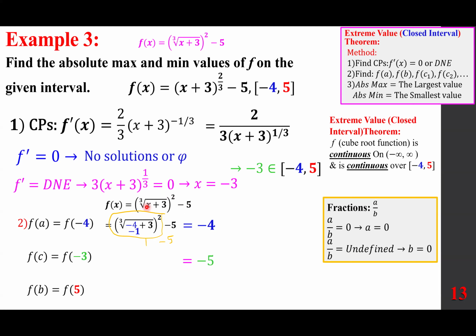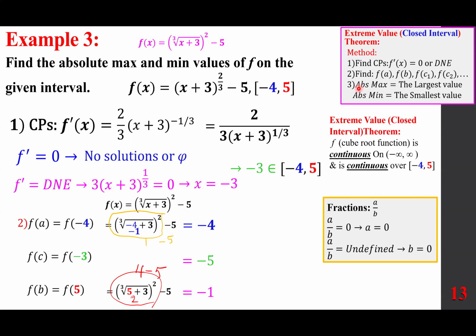What if we plug in 5? 5 and 3 is 8. Cube root of 8 is 2. Square it. You get 4. 4 minus 5 is -1. All of these numbers are negative, so this one is the largest number.